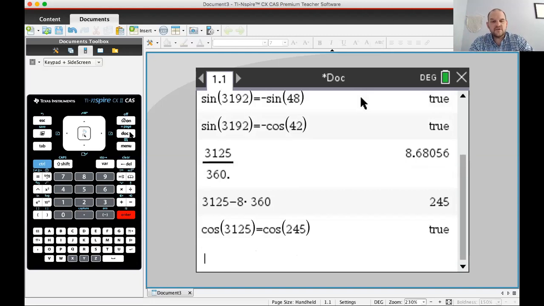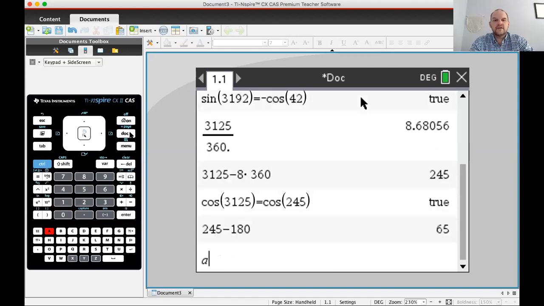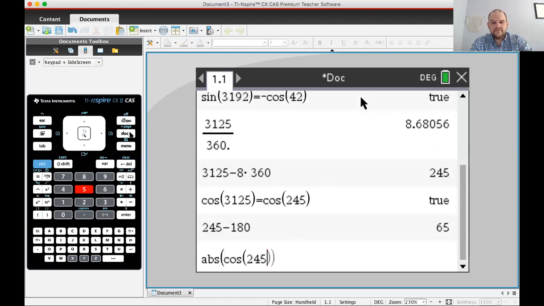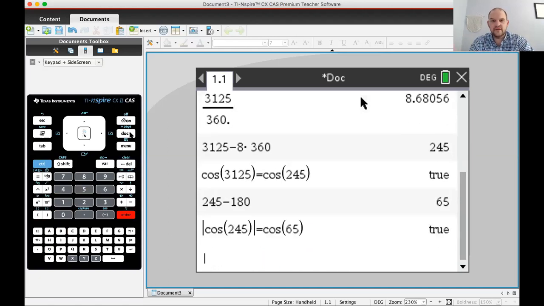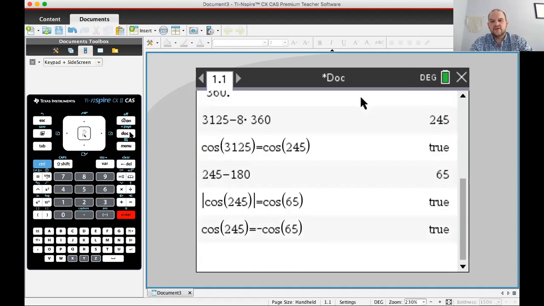All right, that was good. 245 is in quadrant 3, so I want to do 245 minus 180 to get the reference angle. So the absolute value of the cosine of 245 should definitely equal the cosine of 65. True, good. But since the cosine of 245 is negative because we're in quadrant 3, it's really the negative of the cosine of 65. True.